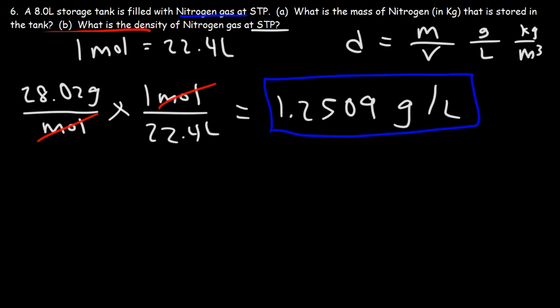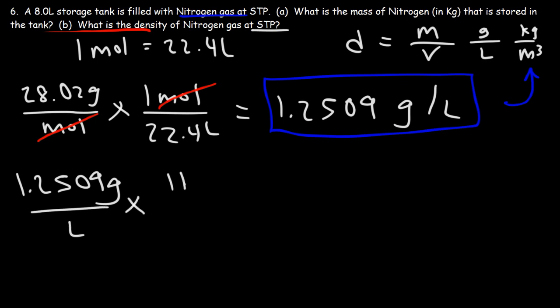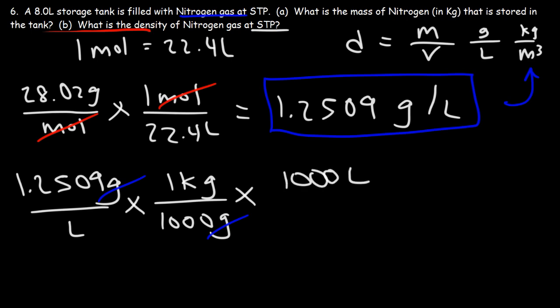Now let's convert this answer to kilograms per cubic meter. Now let's convert grams to kilograms. 1 kilogram is equal to 1,000 grams. So the unit grams cancel. And let's convert liters to cubic meters. There's 1,000 liters per cubic meter.